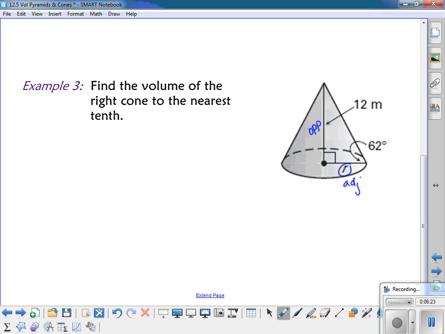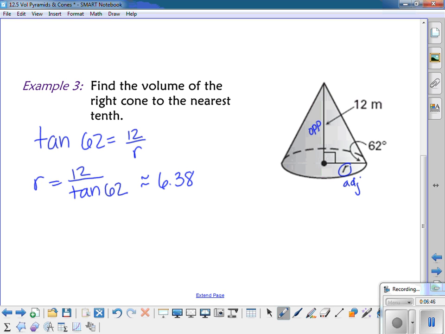So the tangent of 62 is going to equal the opposite, 12, over the adjacent, r. And so using algebra, we know that r then would equal 12 divided by the tangent of 62. And so if you put that in your calculator, you should get approximately 6.38.